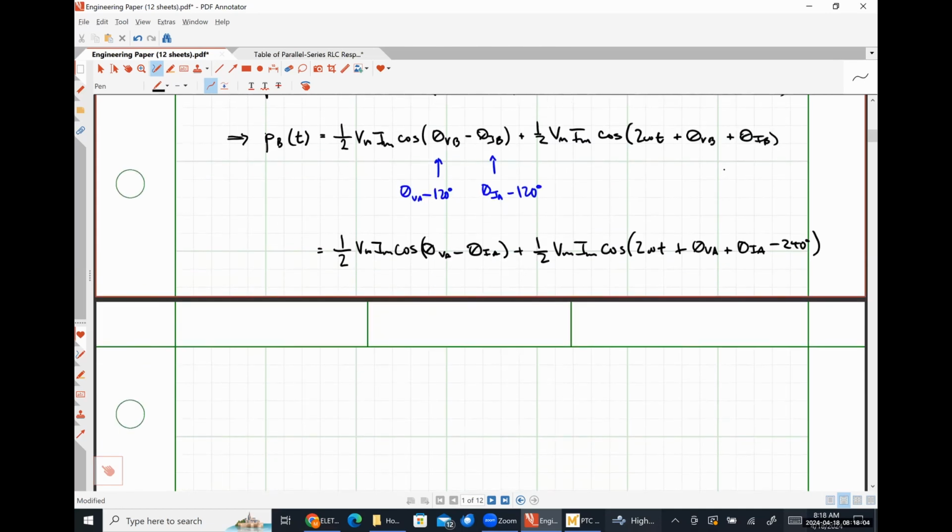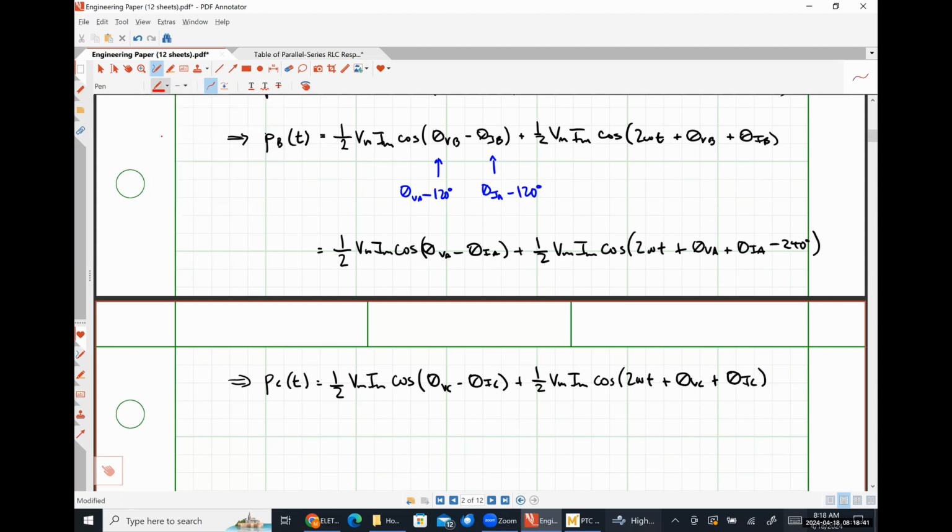If we went ahead and looked at what's going on in the C phase, we would formally have PC of t would be 1/2 VM IM cosine(theta VC minus theta IC) plus 1/2 VM IM cosine(twice omega t plus theta VC plus theta IC).